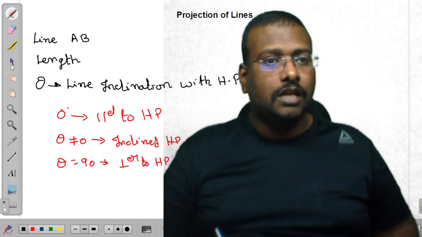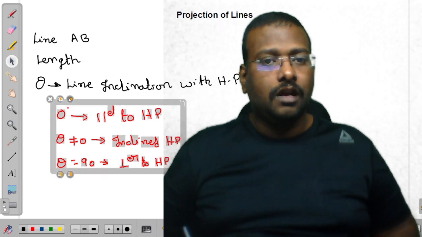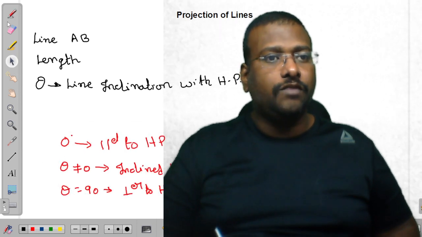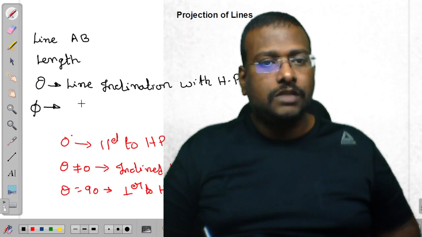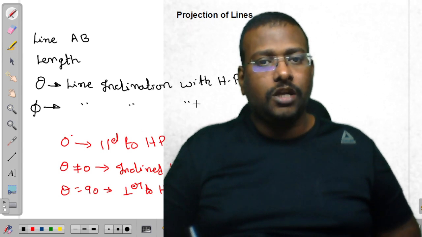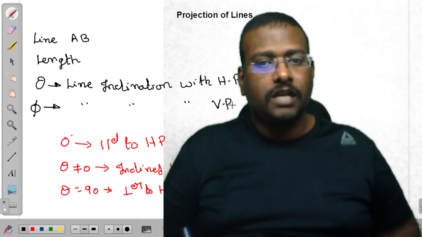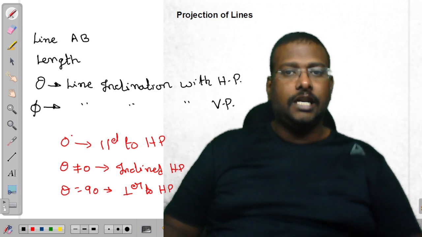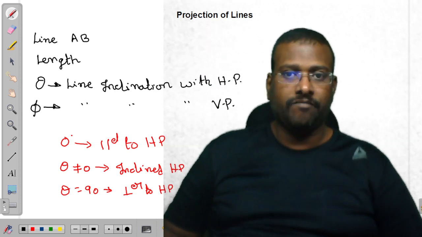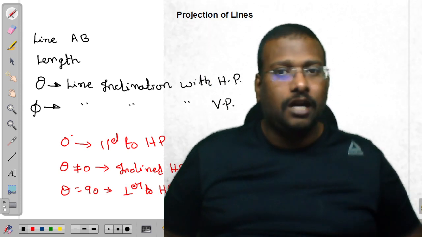The line inclination with VP is represented with phi. What is phi? Line inclination with the vertical plane is phi. Sir, what are these two called?